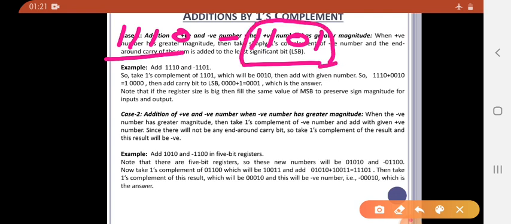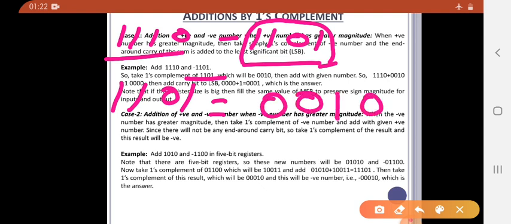First of all, you should convert it into one's complement. What is the rule? You take the positive one, 1101. Here you can see I have taken the same thing. When you take the one's complement of this number, you will get 0010. All 1s are converted to 0 and all 0s are converted to 1.